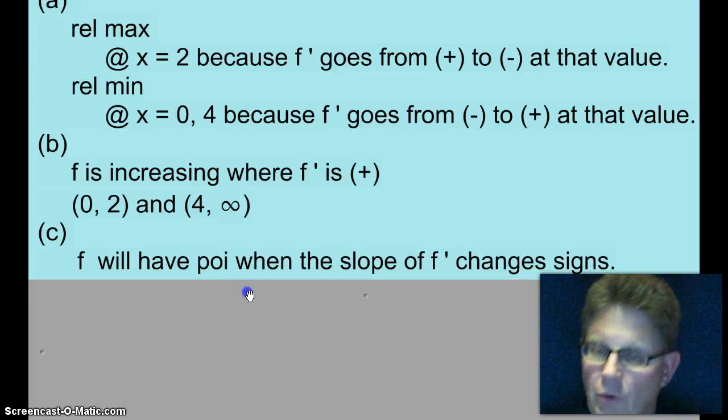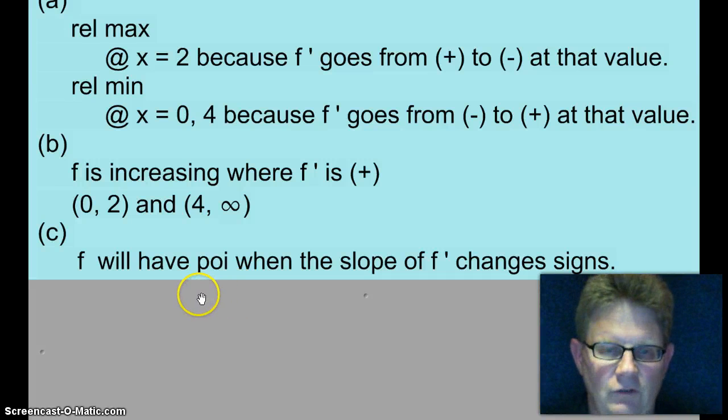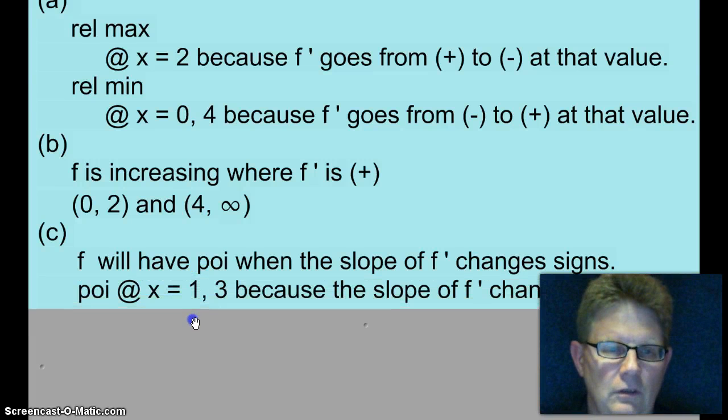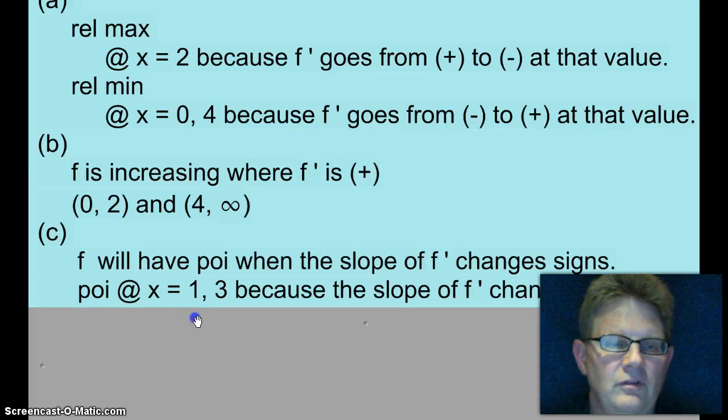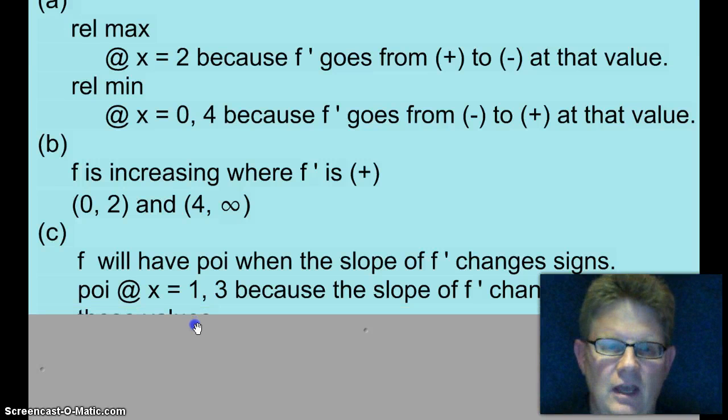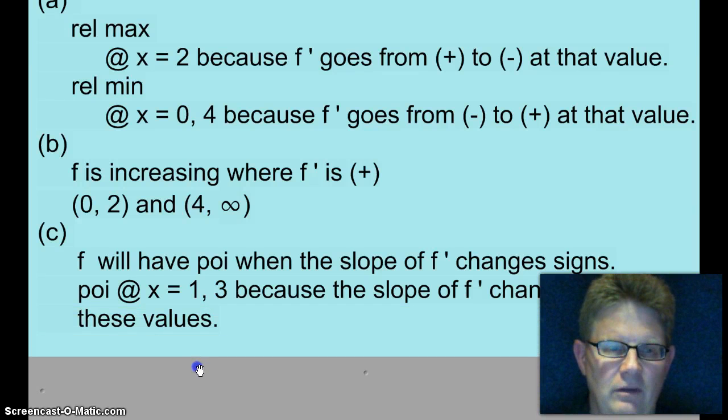F will have points of inflection when the slope of F prime changes signs. So we want to look at F prime and see where the slope changes signs. There will be points of inflection at x equals 1 and 3 because the slope of F prime changes signs at these values.